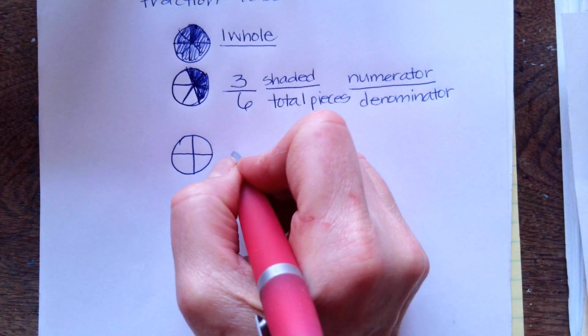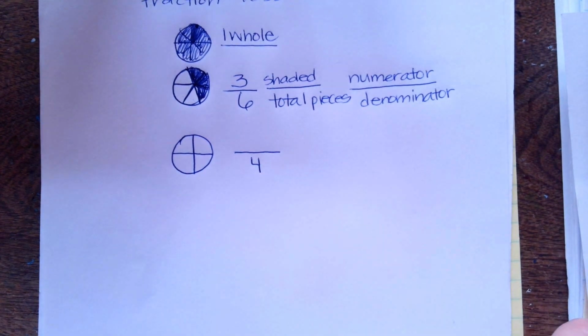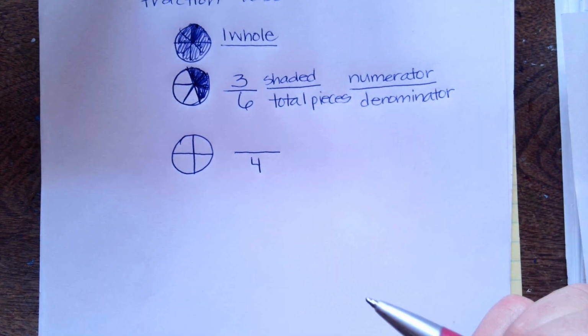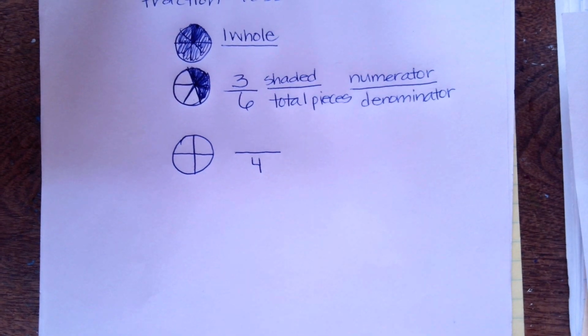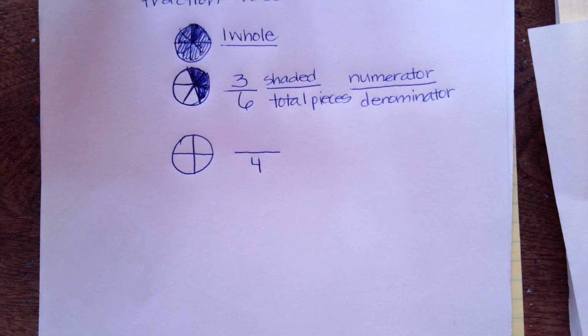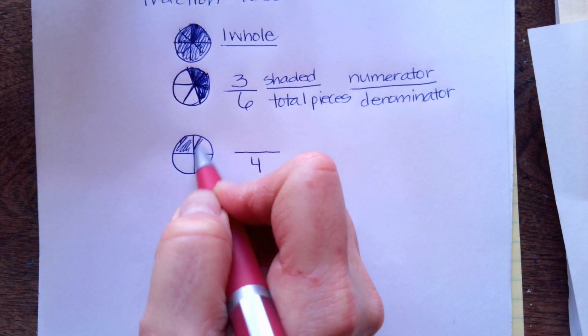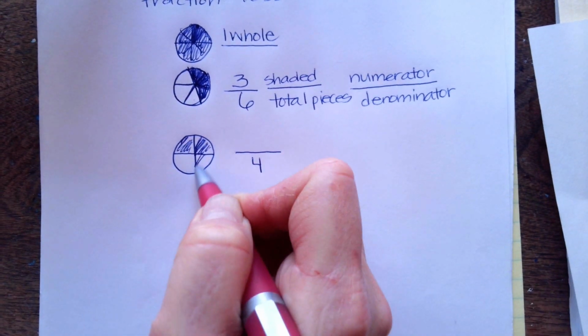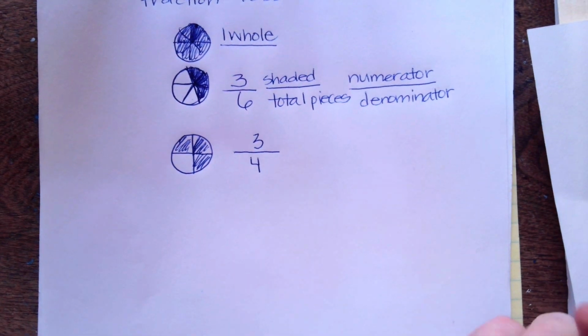So we know that the total number of pieces is 4. And I'm going to say Maddie had 1 piece, Stella had 1 piece, and Jasper had 1 piece. How many pieces did the Ledford kids have? So this was Maddie's, this was yours, this was Jasper's. They ate 3/4 of a pizza.